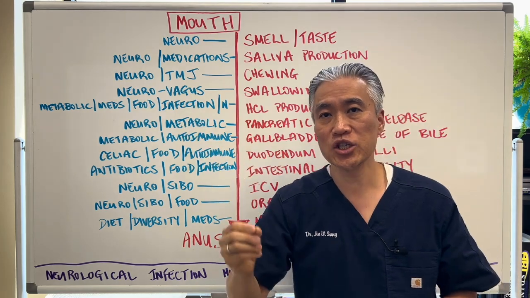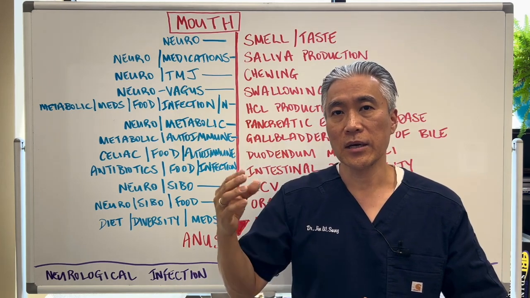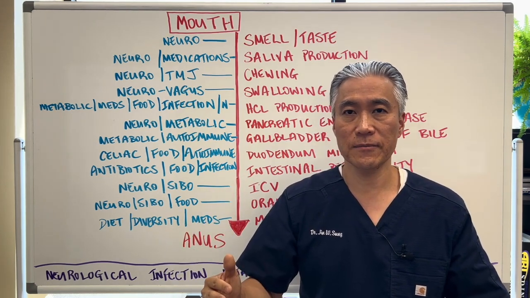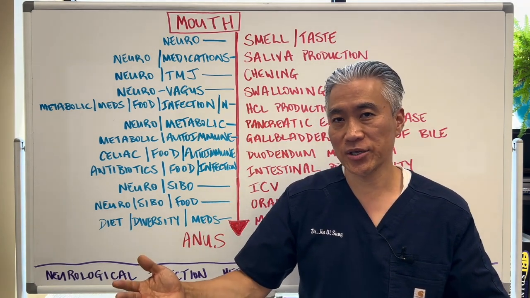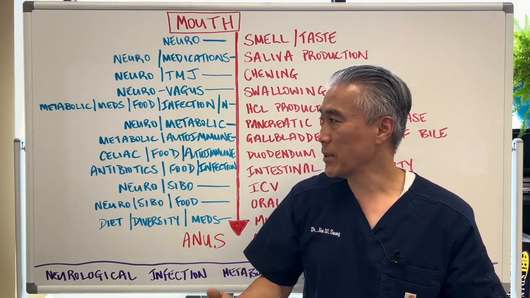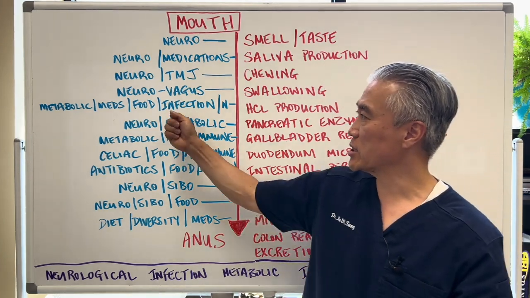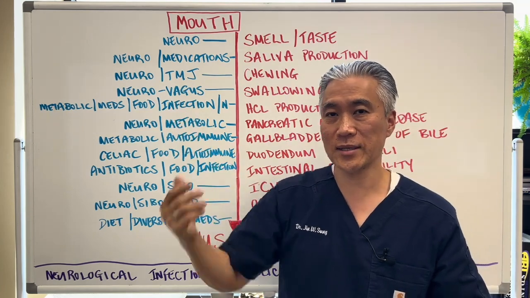If you have an H. pylori infection of the gut, it will reduce your stomach acid. If you take more HCl, it might be beneficial in the short run to help, but it's not going to get rid of the infection. So the underlying mechanism is an infection, so you need to get rid of the infection.